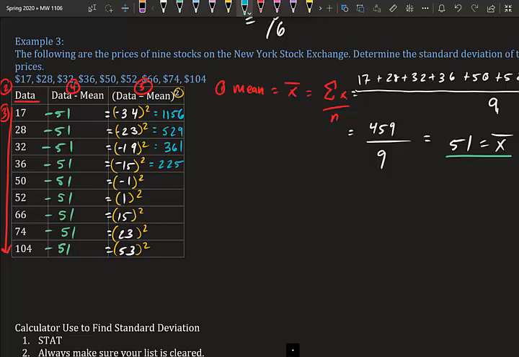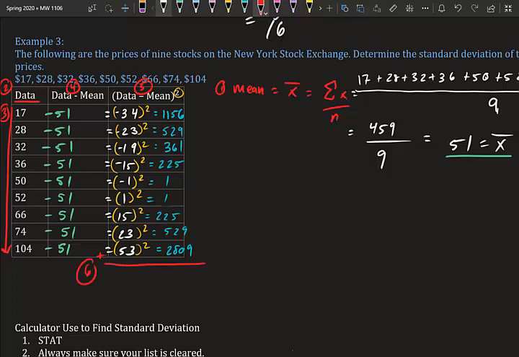You want to plug it in exactly the way it looks. So wrap it in parentheses and then square it. All right, negative 1 squared is positive 1. 1 squared is 1. 15 squared is 225. 23 squared is 529. And 53 squared is 2,809. Our sixth step is to go ahead and add all these totals.